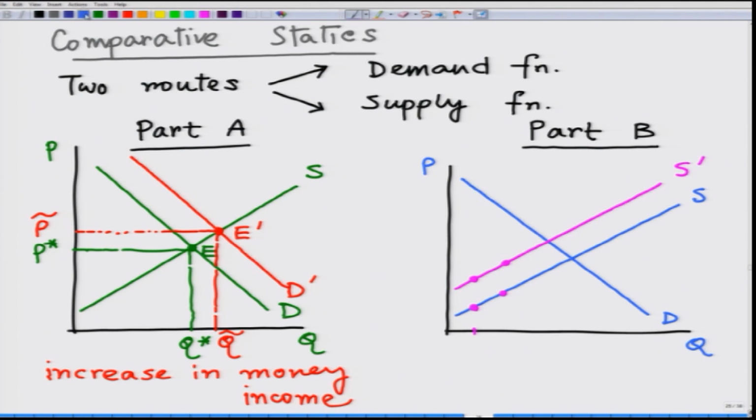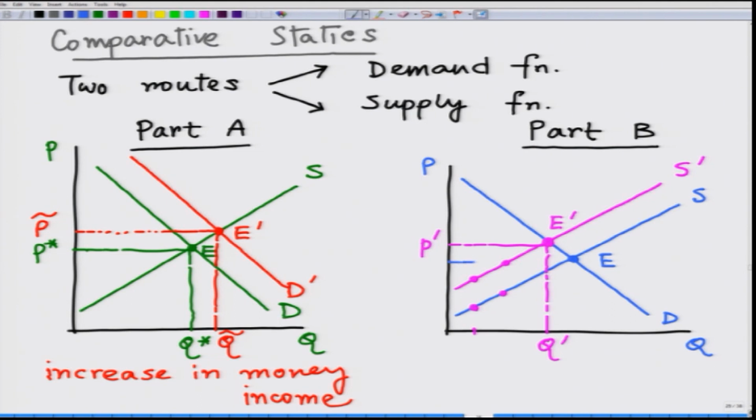The earlier equilibrium was denoted by point E. The new equilibrium, where demand will equate the supply, is obtained at point E prime. So, you can see very well that at this new equilibrium point, the price is P prime, and the quantity bought and sold is Q prime.